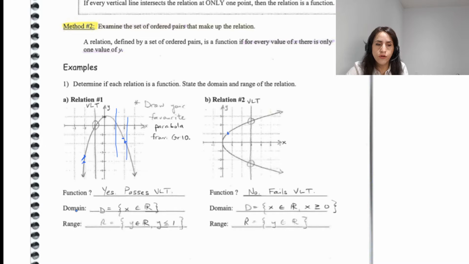The domain for this function is going to be, as you see, capital letter D equals curly bracket. I just want to know, do I have to put x as an element of real numbers, or natural numbers, or Z, like integers? Let's see here. When I'm checking this graph, for every point on this graph, like this point, I have -2 and -4.